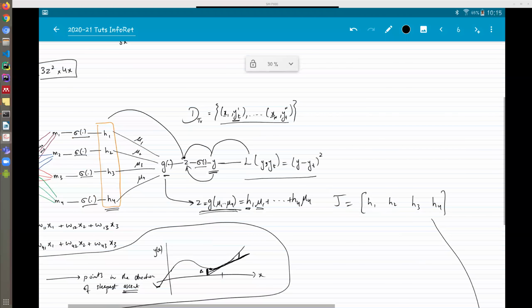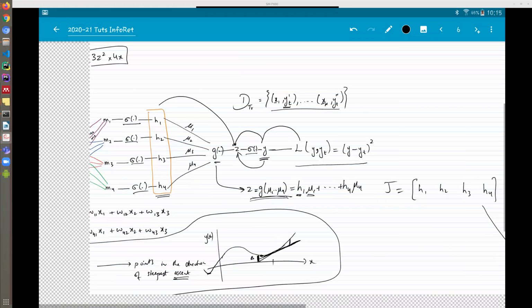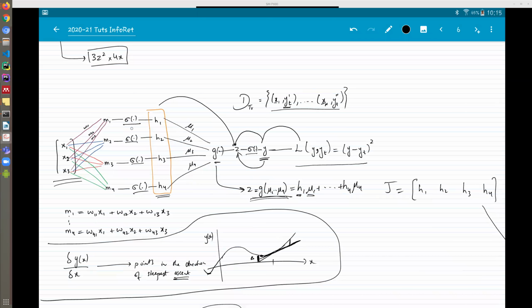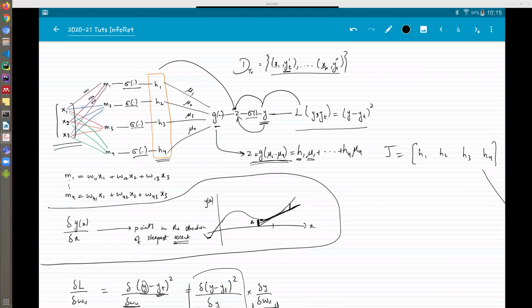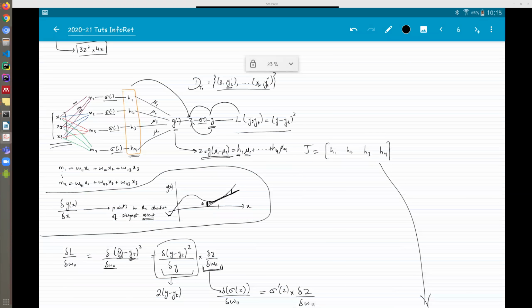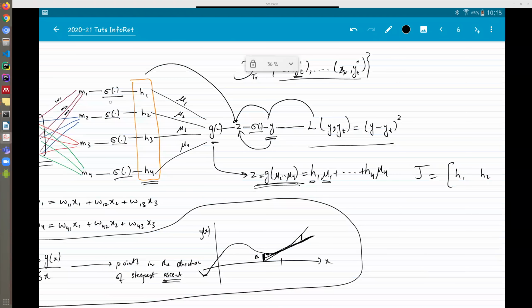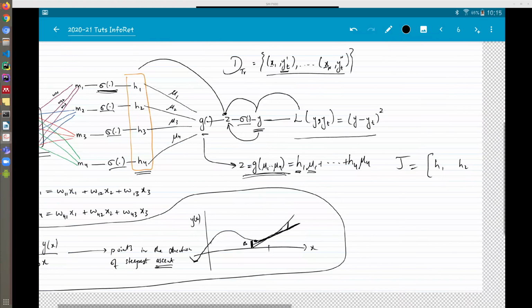With respect to w11, H1 is the activation function of m1, right? So let's have a look at only the h1 case first.